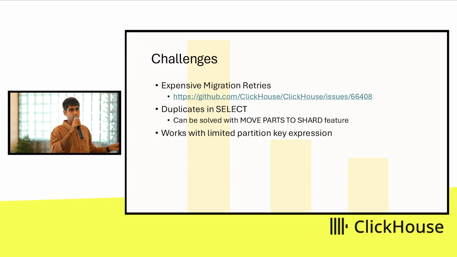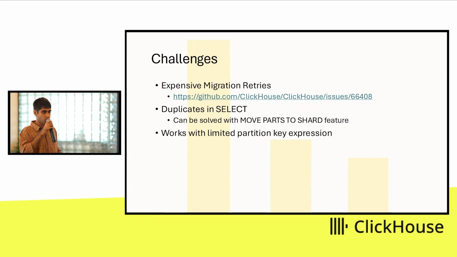So what are the challenges with our solution? Like I said, you end up doing expensive migration retries because of updates or mutations to your partition. To compensate for this, we could not do this at the script level. This required some native ClickHouse support. So we reached out to the ClickHouse team with a feature request. You can go through the link for details.